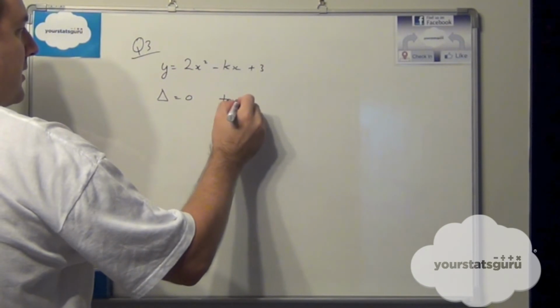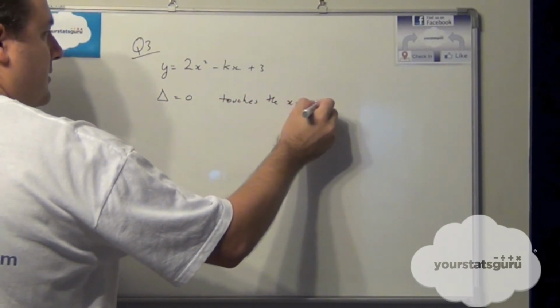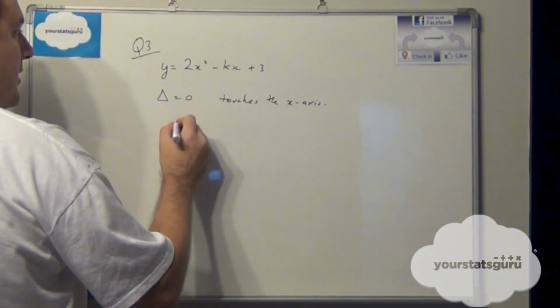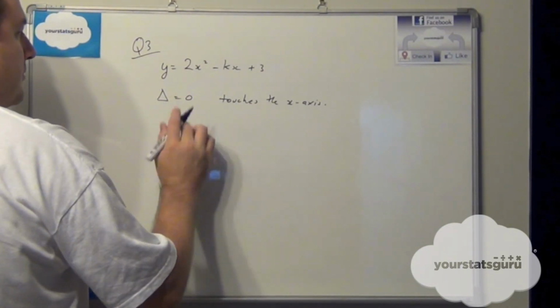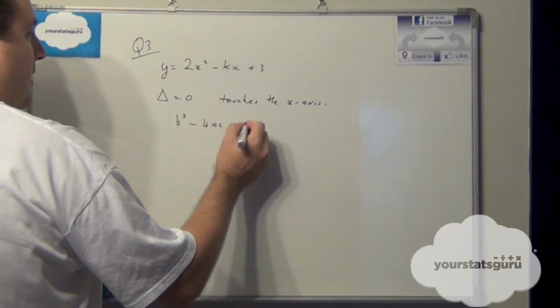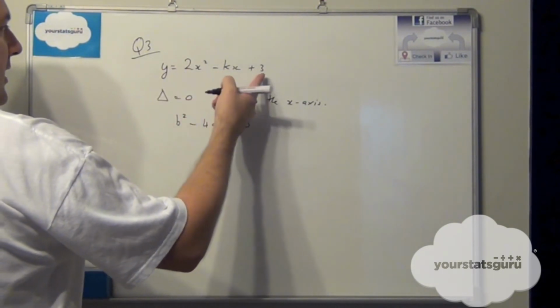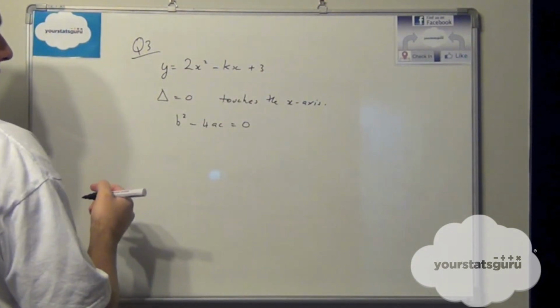That's b squared minus 4ac equals 0, where a is 2, b is k, and c is 3.